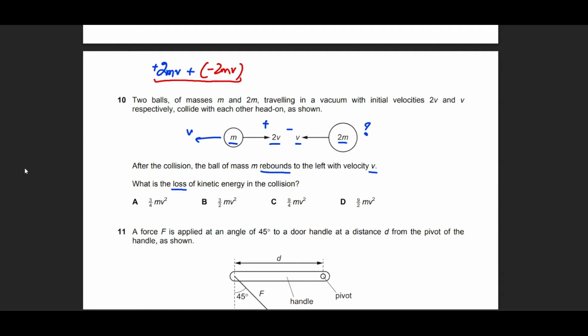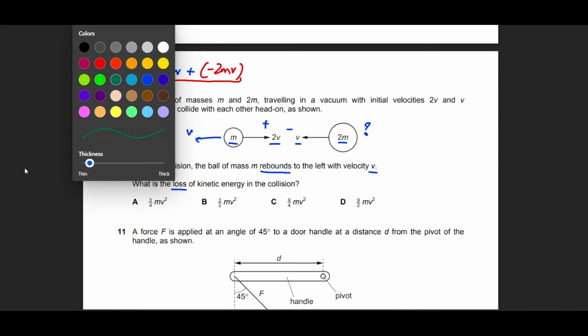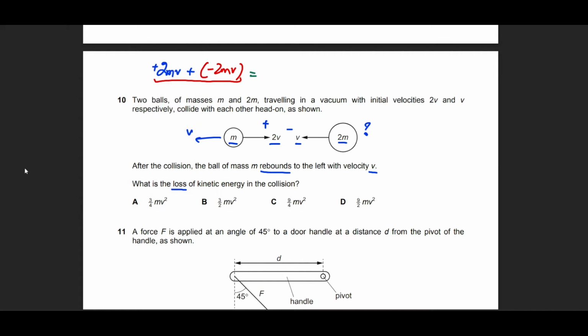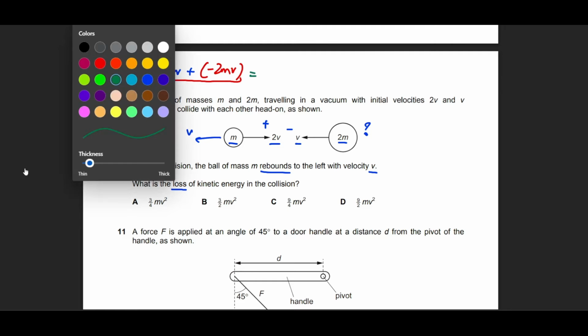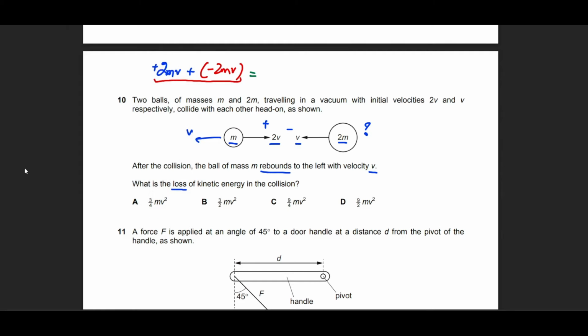Now this whole system is the system before the collision. This is supposed to be equal to the system after. Even if it's an elastic or inelastic collision, it does not matter. The momentums are equal. After the collision, he gives me information about one object that it goes back. So it will be considered as negative mv, because now this velocity is towards the left side, plus the mass is still 2m, but this velocity, either towards this side or towards this side, is not known.